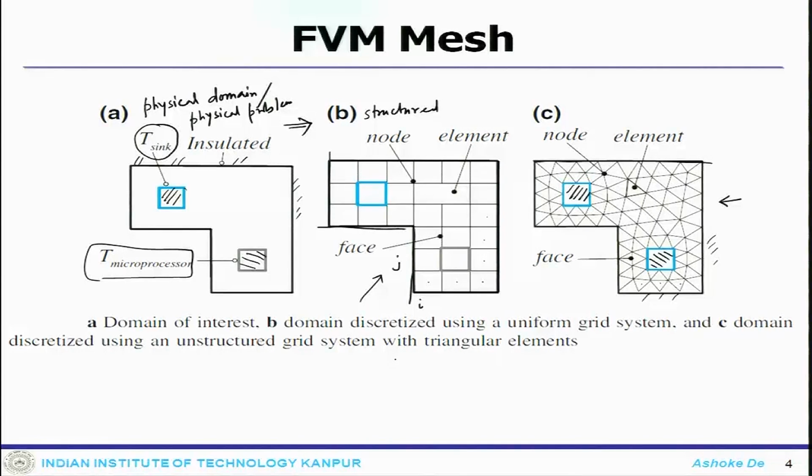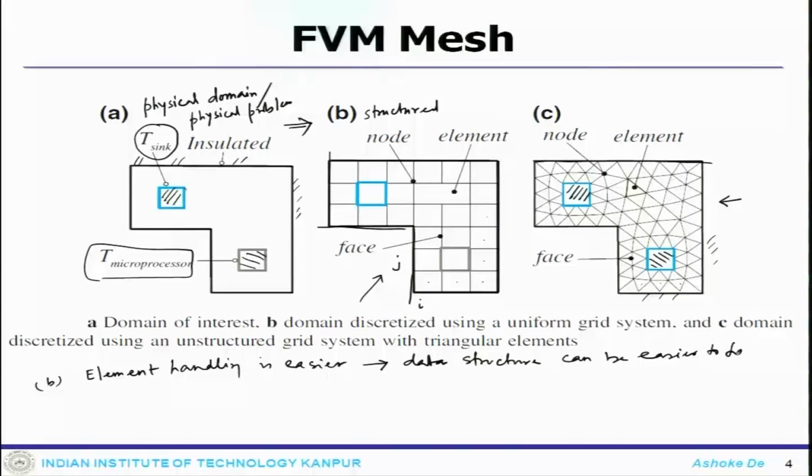The handling of the elements, like for case B, is easier, or rather the data structure can be easier to handle, since things are in an ordered fashion.